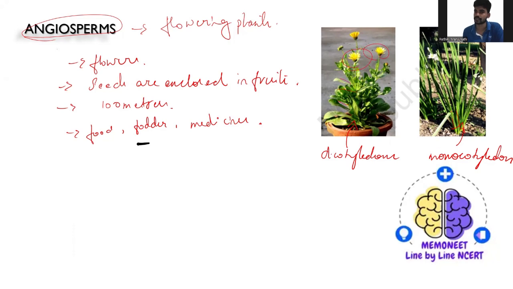So this is all about the plant kingdom. In the plant kingdom we have studied algae, then bryophytes, pteridophytes, gymnosperms, and the last one, angiosperms.